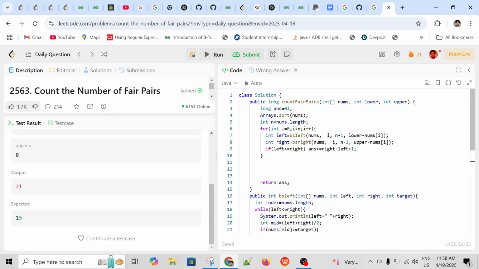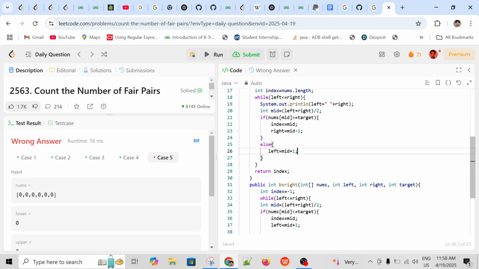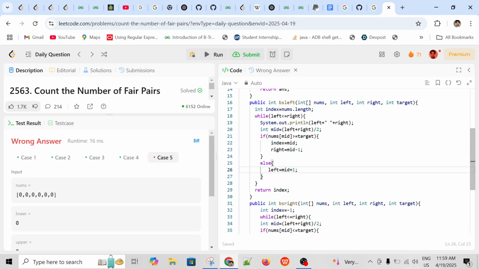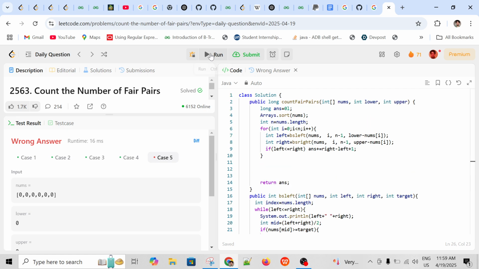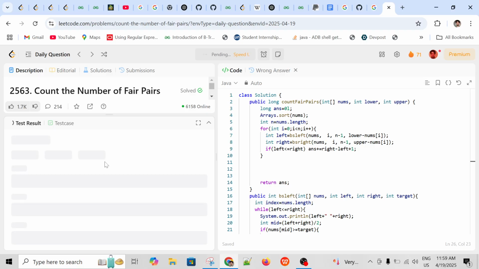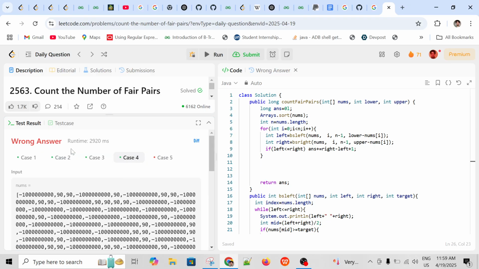What could be? Why is this happening? Slightly wrong. Do this test.